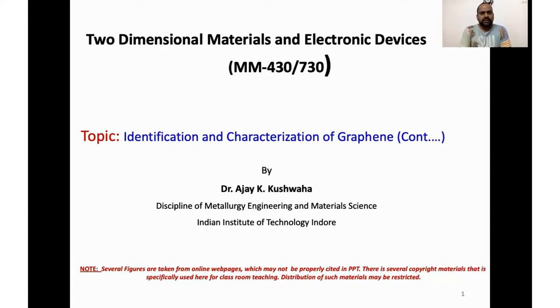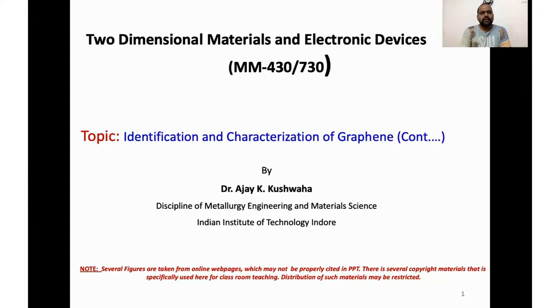Also, we have learned how we can use atomic force microscopy, particularly to understand the thickness of a graphene sheet, and also if there is a folding on the surface of the graphene, that can be understood by AFM analysis. In a similar manner, we have also gone through how the scanning tunneling microscope can be used to analyze graphene and its derivative.